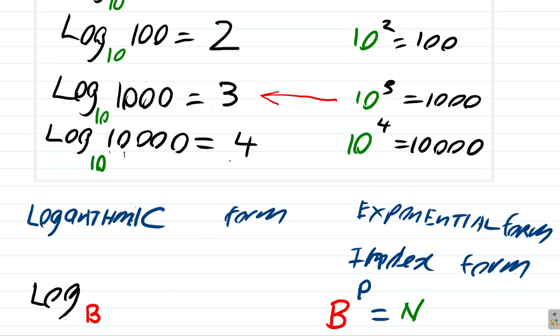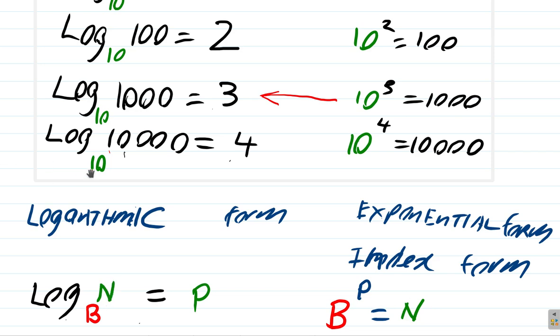See that? Now, the index is P, so our answer here is P. The number you're finding the log of is 1,000. The number you're logging is 1,000. Now the answer in exponential form is N, so the number you're logging must be N.